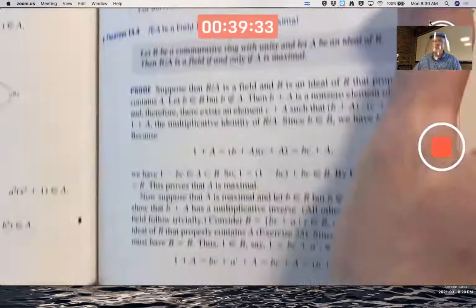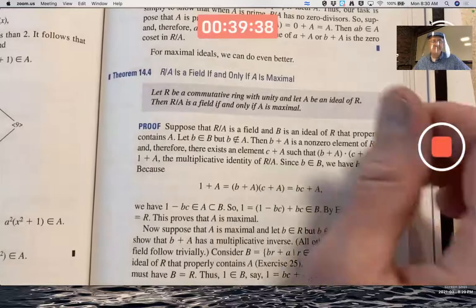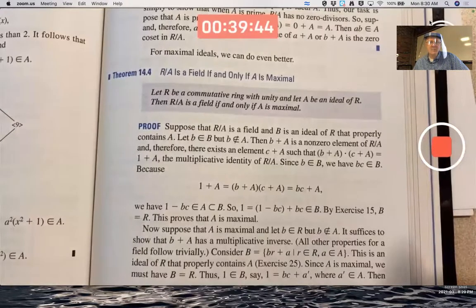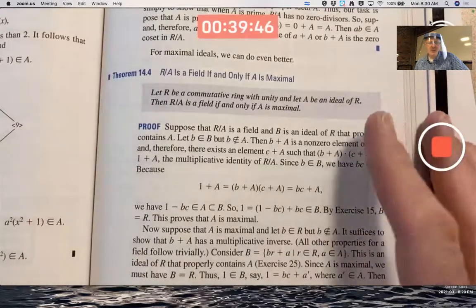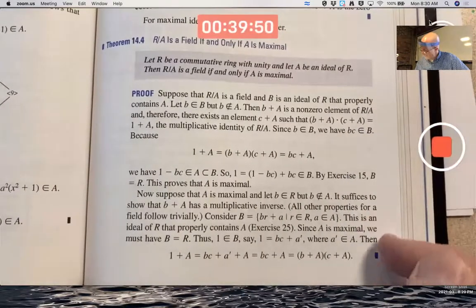The proof that the factor ring is a field if and only if A is maximal is definitely a trickier proof. And I don't think I'm going to take the time to go through it in detail here. But it is understandable. Probably the hardest part is the very last few lines here.